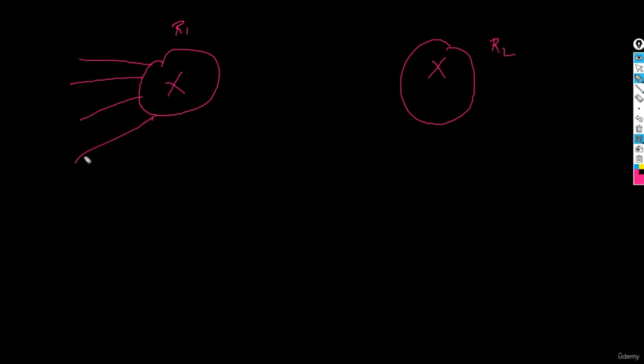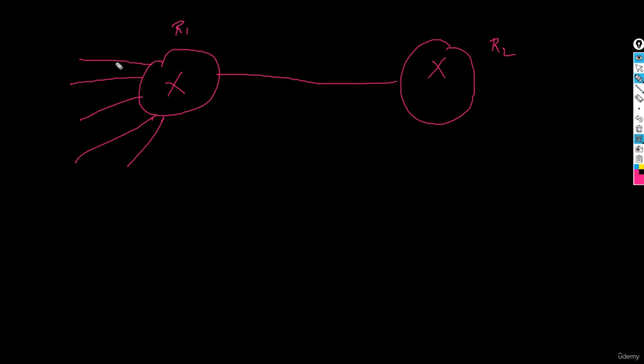Why do we actually need summarization? Imagine I have one router here, router R1, and another router R2 here. So many routes are coming to this router.